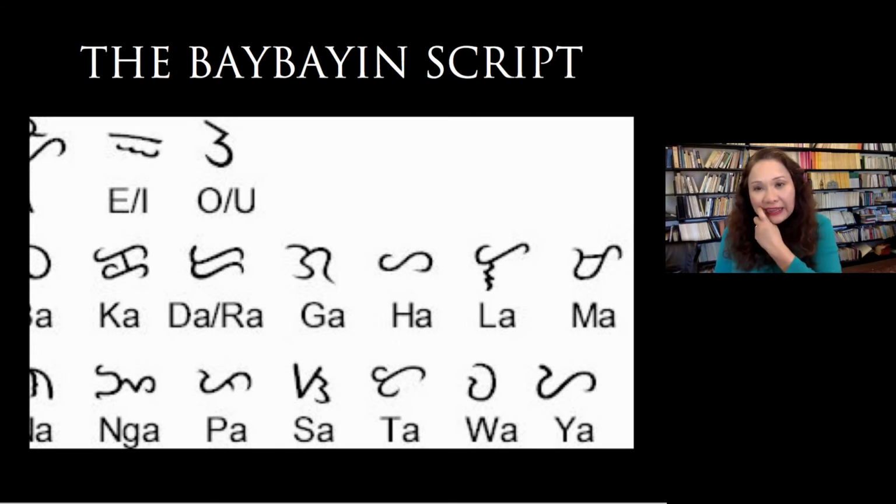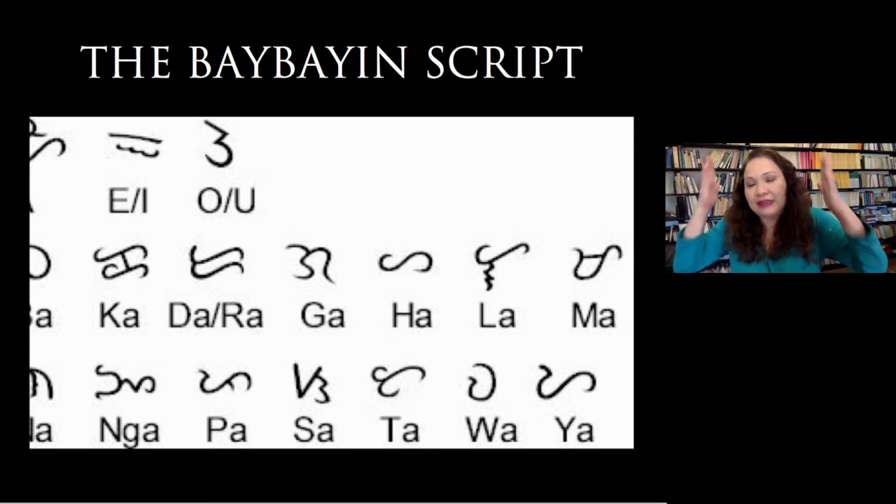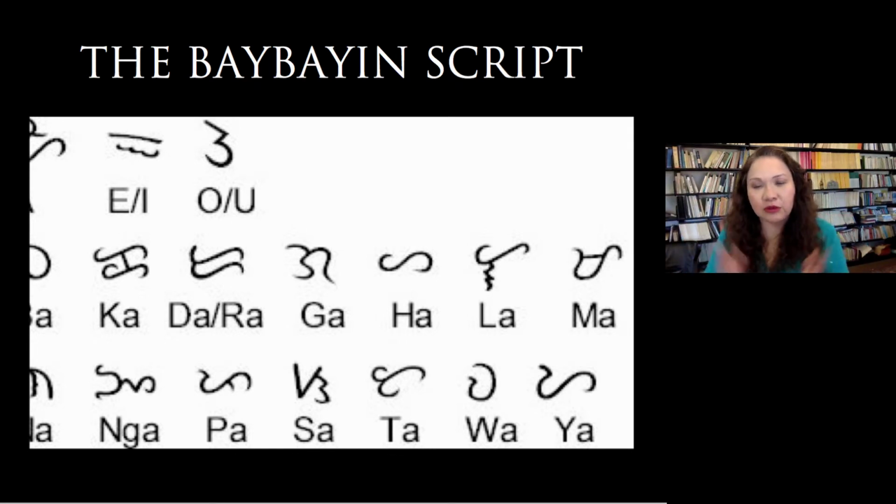I need you to practice writing your names in Baybayin. Use the following steps. Number one, syllabicate your names. Meaning what? If your name is Maria, you need to think of it as Ma, Ri, A.